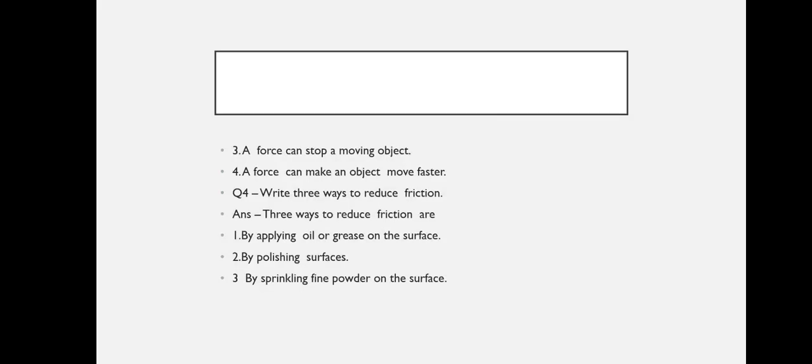Question number 4. Write 3 ways to reduce friction. Answer is 3 ways to reduce friction are: first, by applying oil or grease on the surface.